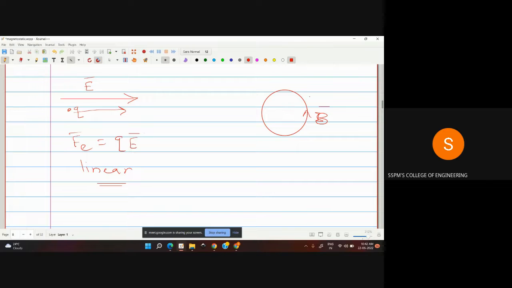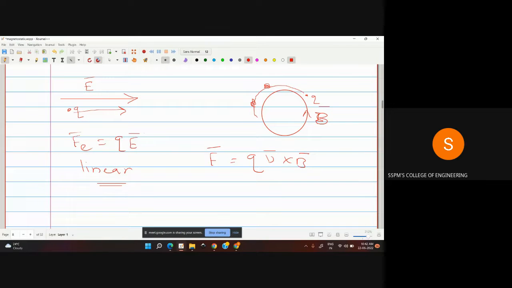तर आता इथे जर मी चार्ज प्लेस केला Q, that Q will move in the rotational motion. असं मूव्ह होणार. Isn't it? तर तो रोटेशन मध्ये असणार. So the force जो आहे तो काय असणार आहे? Q into V cross B bar.